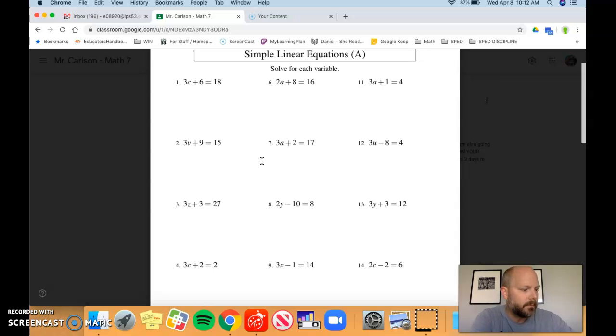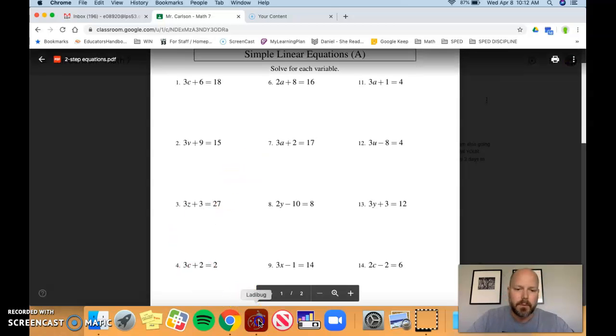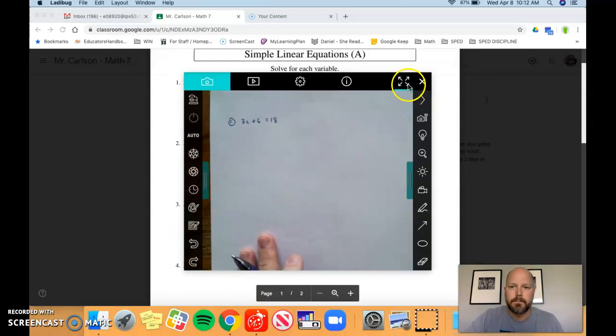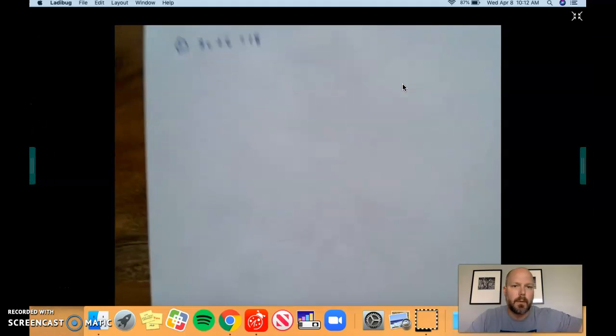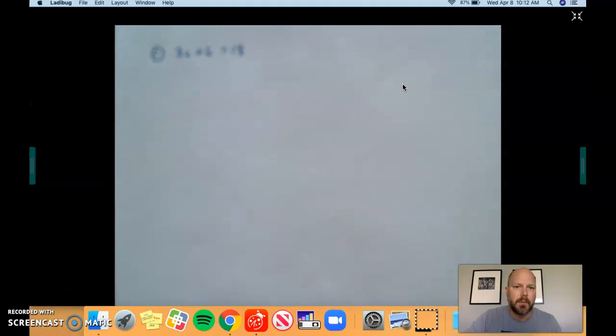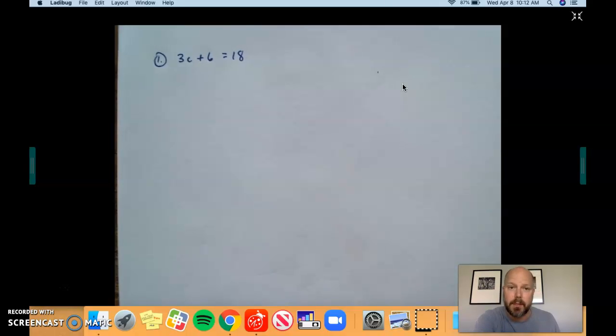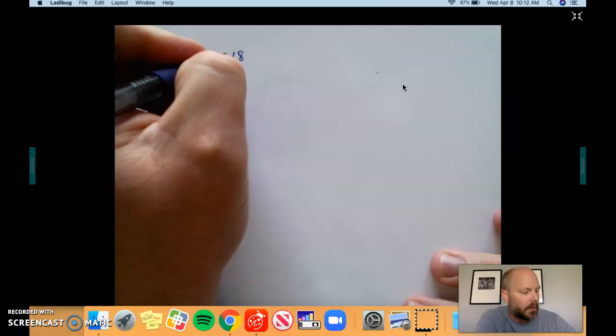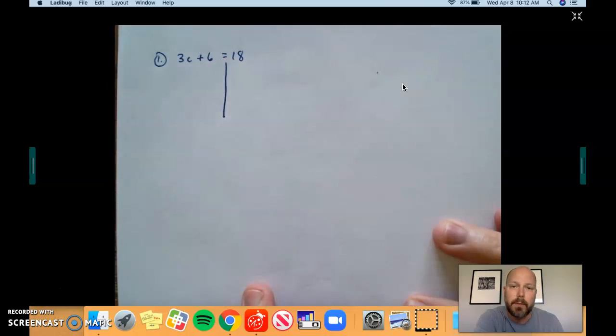So the first problem is, and I'm going to write it down, 3c plus 6 equals 18. So the first problem is 3 times c plus 6 equals 18. So let's review the process. The first thing you want to do is draw a line down from the equal sign.